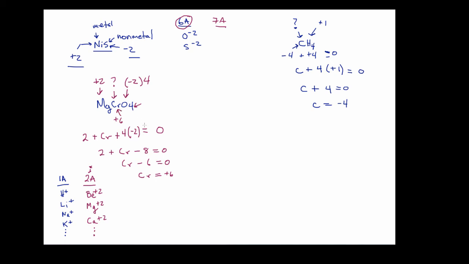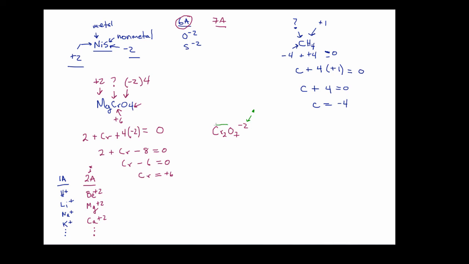Now, let's look at another example. In this case, let's look at a polyanion that does not have a cation with it. And how do we deal with this animal? The key thing here is we're still setting up an equation. And what you need to pay attention to is the fact that you've got this charge.